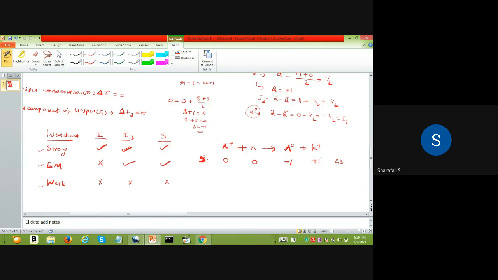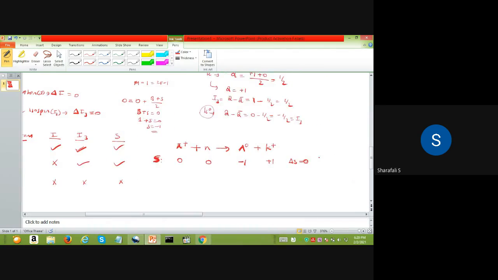Total strangeness is 0. So delta S means the strangeness after interaction minus the strangeness before interaction, and that will be equal to 0. So delta S equal to 0 means that strangeness is conserved in this particular case.